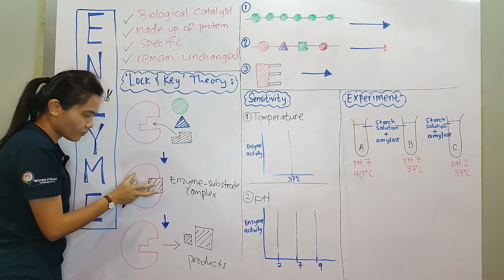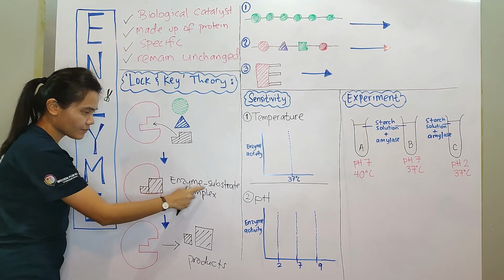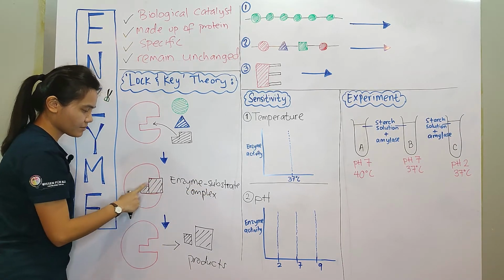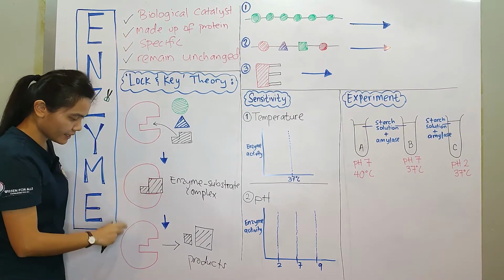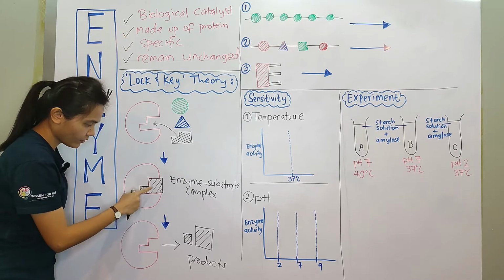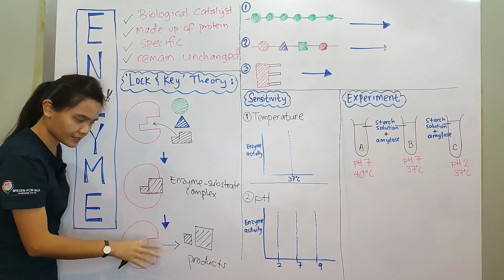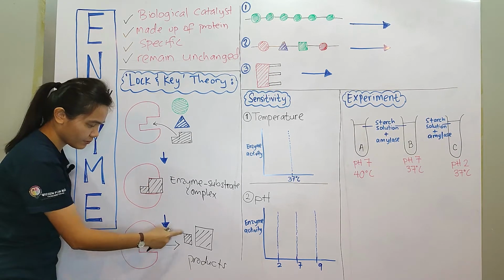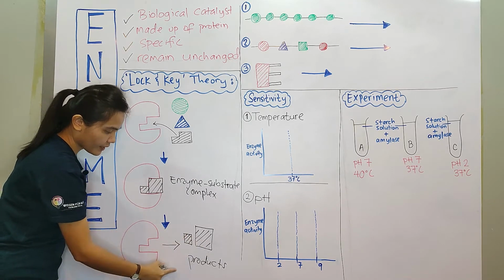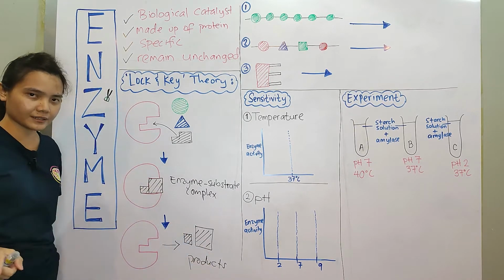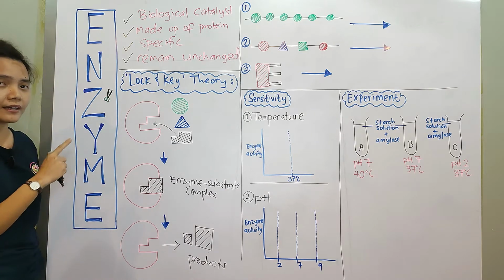It will collide or bind and form an enzyme substrate complex. What happens when they bind? This enzyme will break down the substrate into smaller pieces. Imagine it breaks this into two, so you have these two shapes, and these are called products. So that is the lock and key theory.